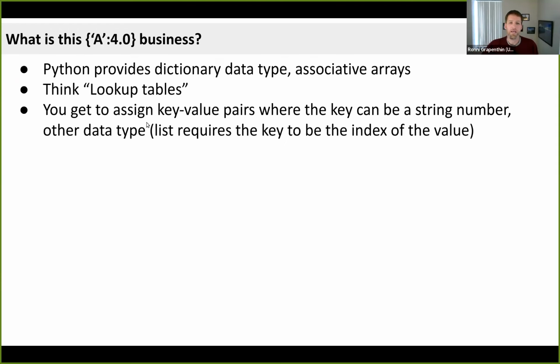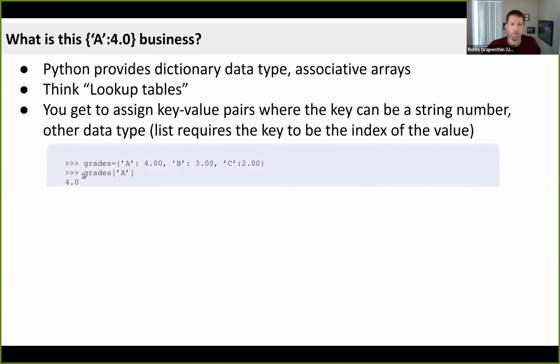So here you get to assign key value pairs where the key can be a string, a number, or any data type, whereas a list requires the key to be the index of the value. So instead of counting from 0, 1, 2, 3 and having to know that to understand what A is, you need to look at index 0, you can look at index A and get 4.0. That's the value of that grade.